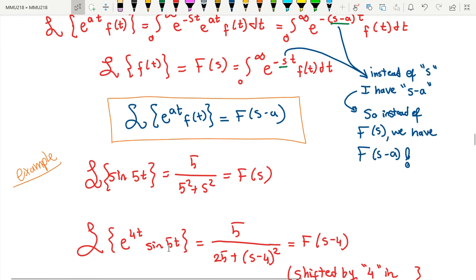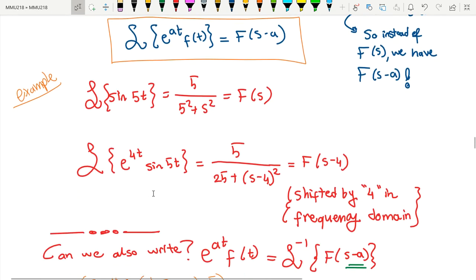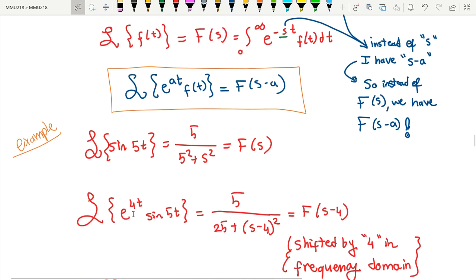And if I, let's say, multiply this by e to the power 4t times sine 5t. So I'm interested in this particular function f of t, small f of t. That will correspond to exactly 5 over, let's expand this to 25.